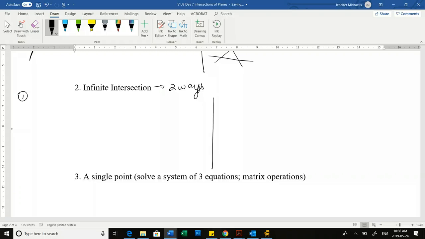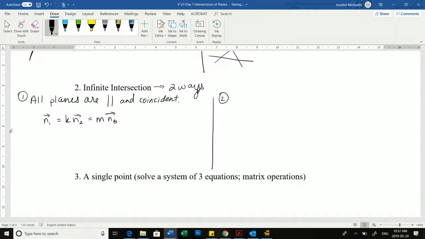Okay, this can happen in the form of 3 parallel and coincident planes. So all planes are parallel and coincident. Which means that normal 1 is going to be some scalar multiple of normal 2 and some scalar multiple, let's call it m, with normal 3, right?